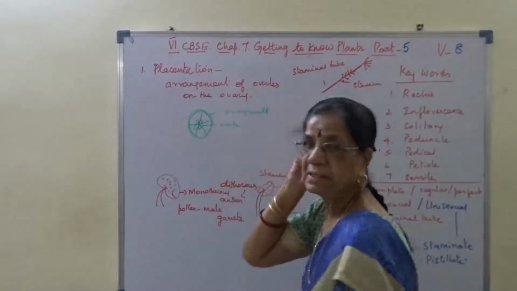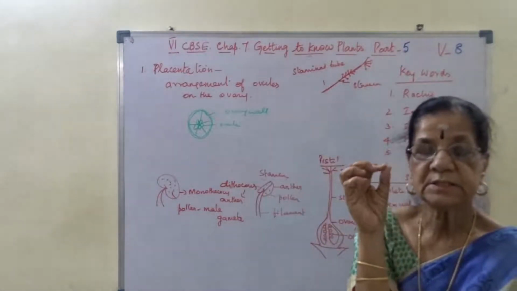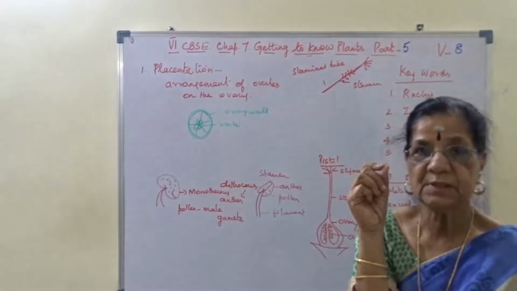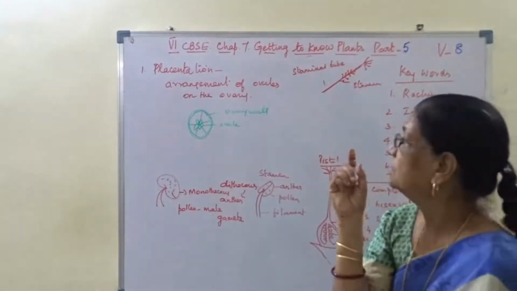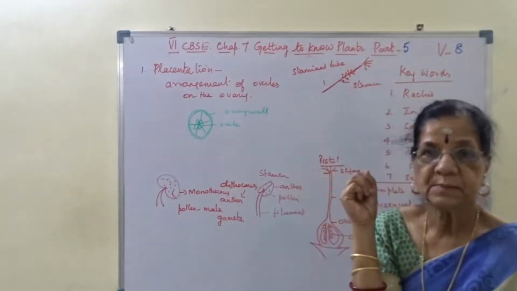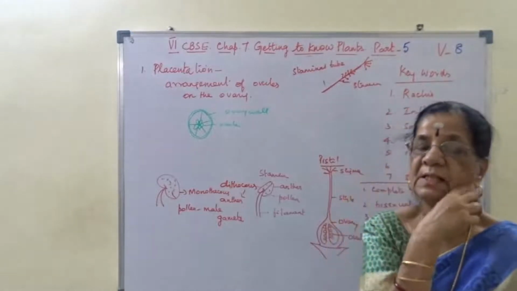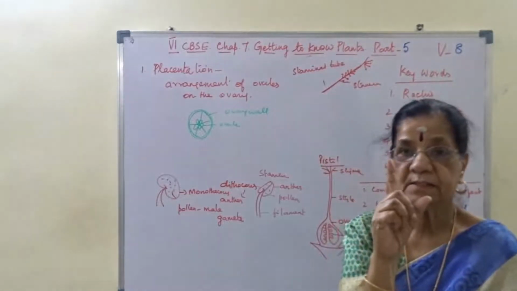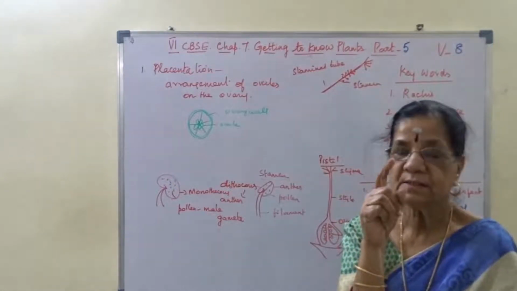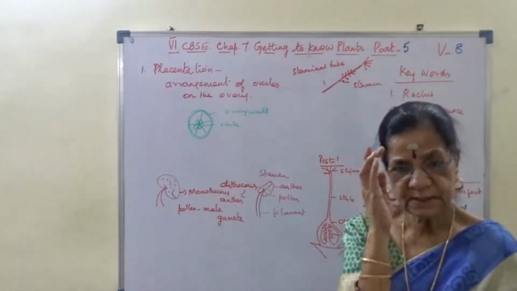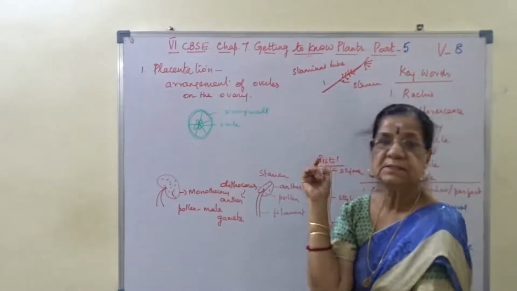There are 5 chambers, and the partition separating the chambers is by a whitish structure called the placenta, hence the name placentation. Typically this placentation can be studied in lady's finger. Tomorrow when your mother is cutting lady's finger, or buy 4 lady's fingers from the shop and cut 1 or 2 and see. So that is placentation.